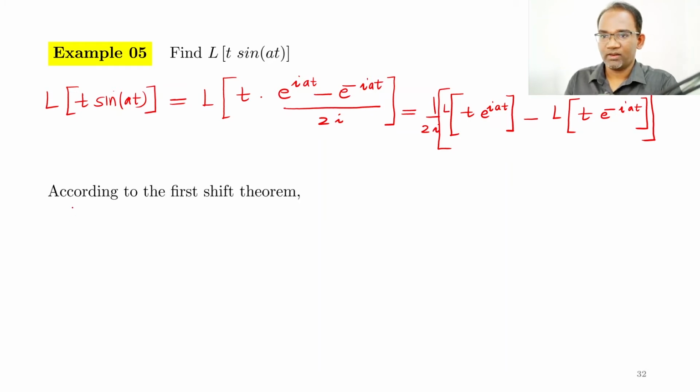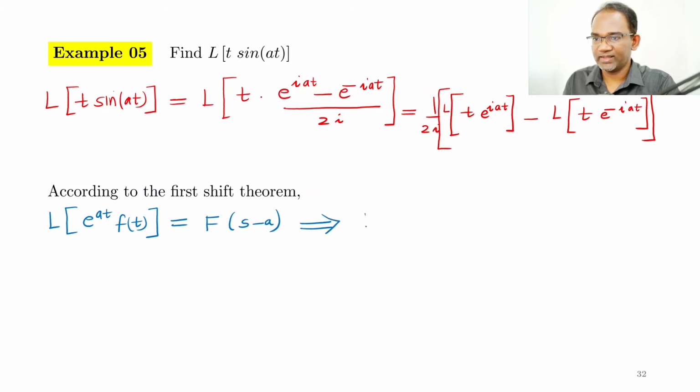Now, according to the first shift theorem, the Laplace transform of e raised to at f(t) is equal to F(s minus a), and this gives us the Laplace transform of e raised to iat f(t) as equal to F(s minus ia).